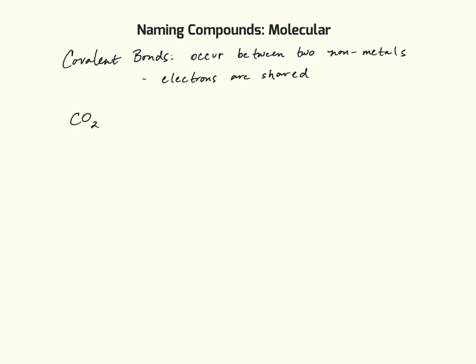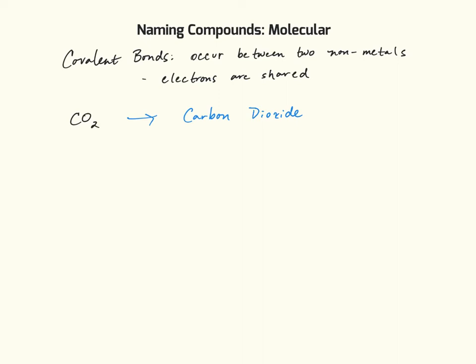So first things first, if this first nonmetal has no subscript attached to it, that there's just one of that element present, well, we just name it what it is. So here we would say carbon. And then the second nonmetal here, notice that it has a subscript. It's saying 2. So we have to utilize prefixes to denote how many of those oxygens are actually there. So our prefix for 2 is di, so we're going to say carbon dioxide.